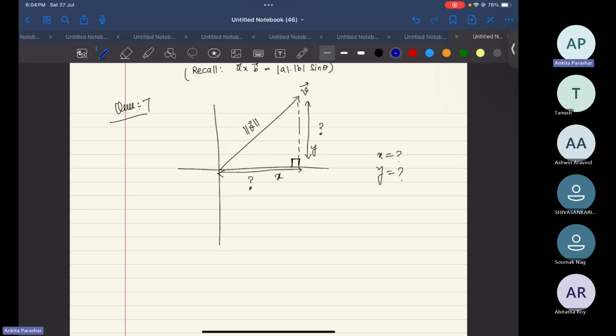Can any one of you please tell me how to see this?